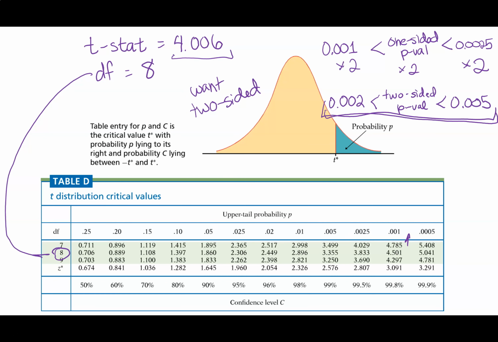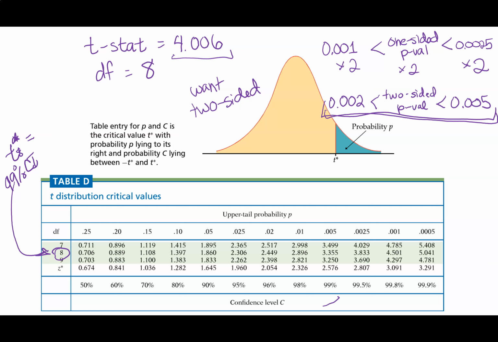So I'm going to go back to this table. If I want T star for a 99% confidence interval that has 8 degrees of freedom, I need to use the 8 degrees of freedom row.